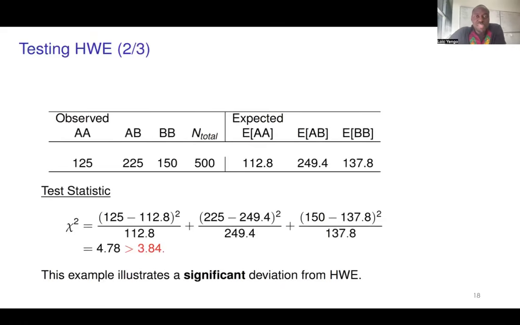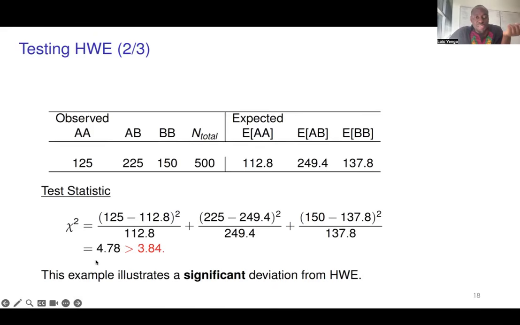Now we can generalize this and calculate the expected genotypes for each of the genotype classes. The way we test Hardy-Weinberg equilibrium in this context is essentially contrasting the observed genotype counts with the expected genotype counts across the 3 genotype classes. We contrast them with the statistic, which is observed minus expected, the whole thing squared, divided by expected, and we sum that.